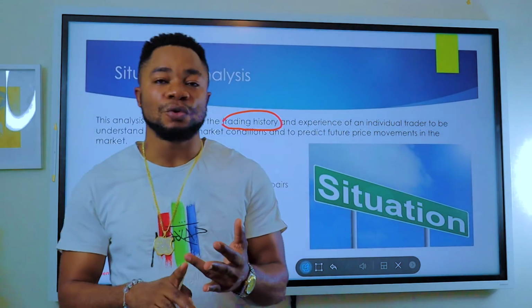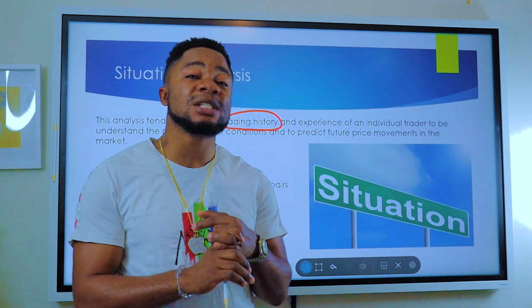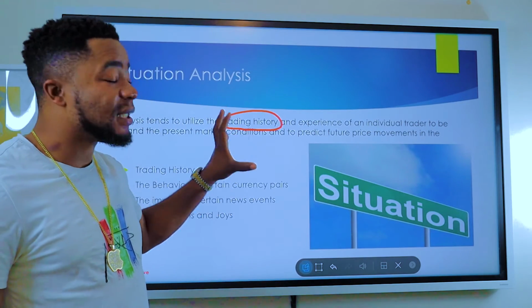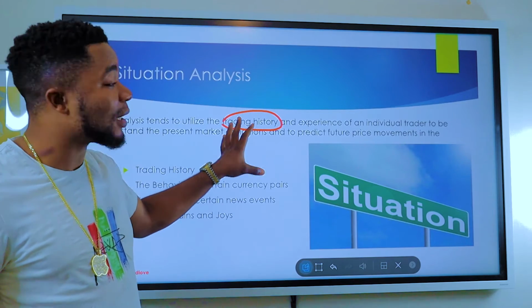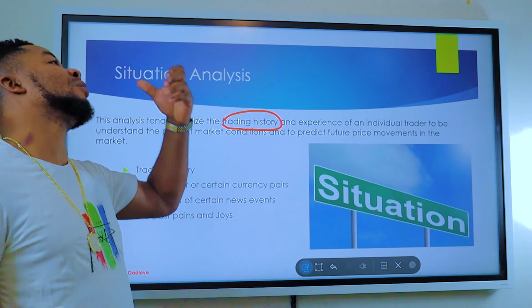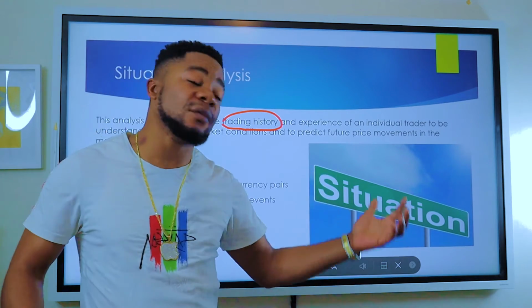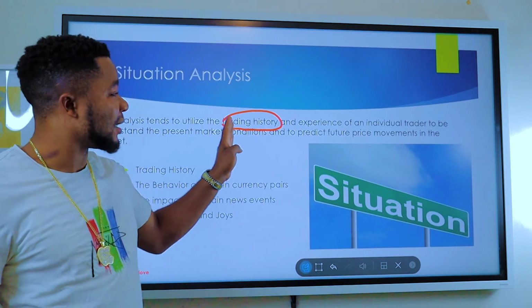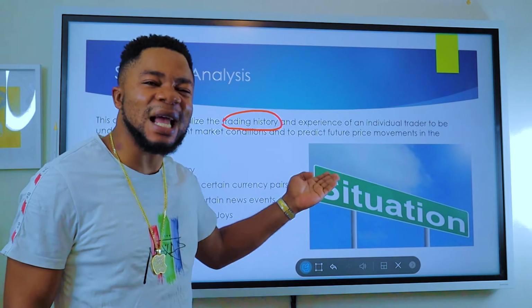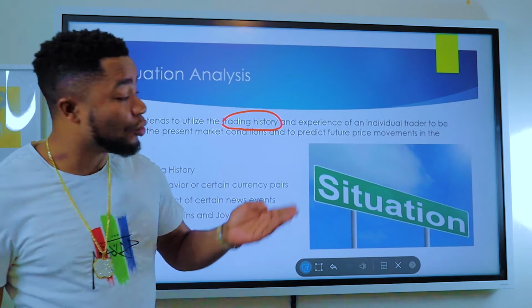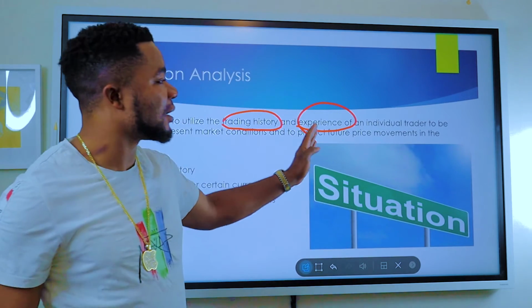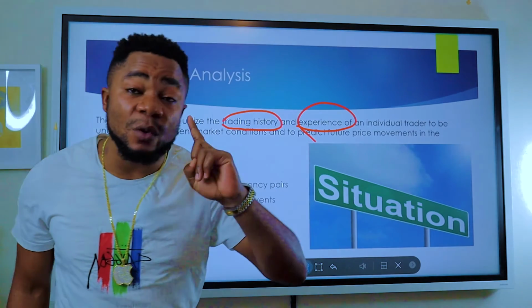So it tends to use what? It tends to use trading history. Trading is more like technical analysis, but with technical analysis, you are already using information which is there, which everyone can see. Everybody can read that information. But with sentimental analysis, you use trading history and experience. These two things, trading history and experience, for an individual trader.